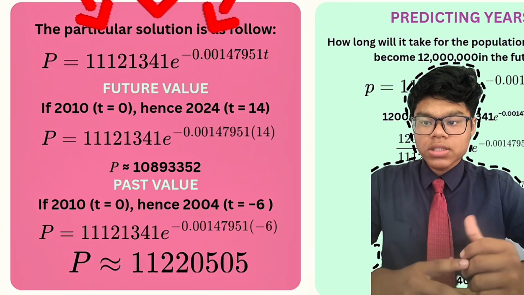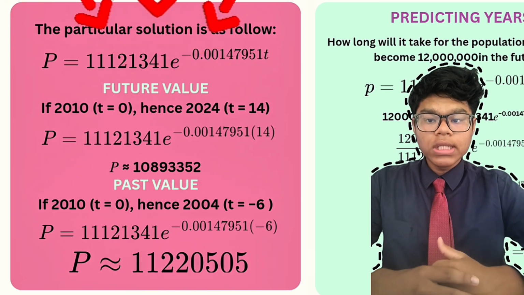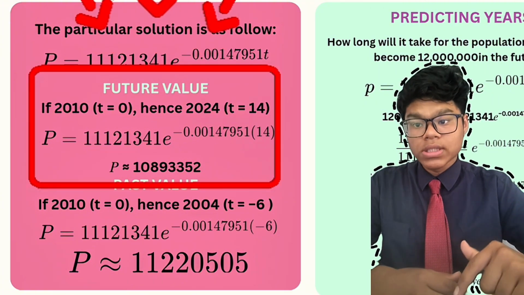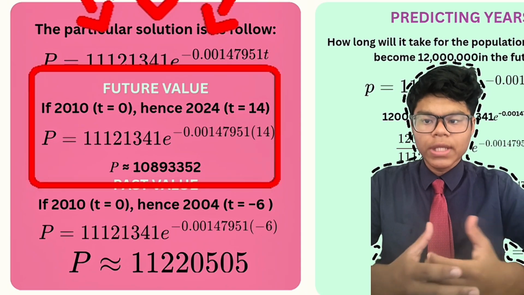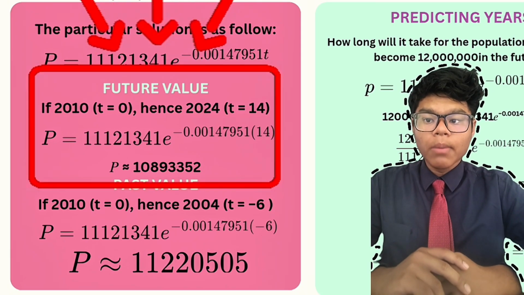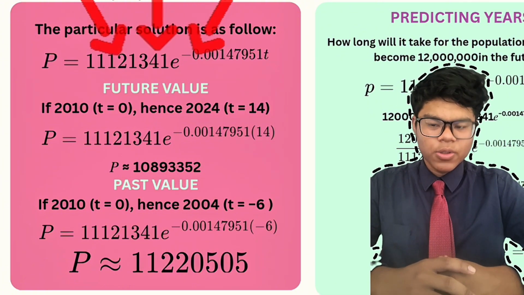Hence, t equals 0 for 2010, and for 2024 t would equal 14. If you go from 2024 minus 2010, you get 14 years, so therefore t equals 14. We'll plug that into the particular solution, and we'll get a population of 10,800,000, around 10 million or so.